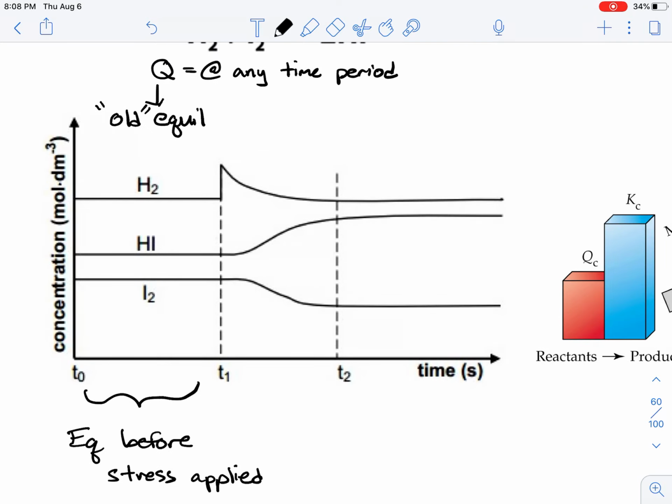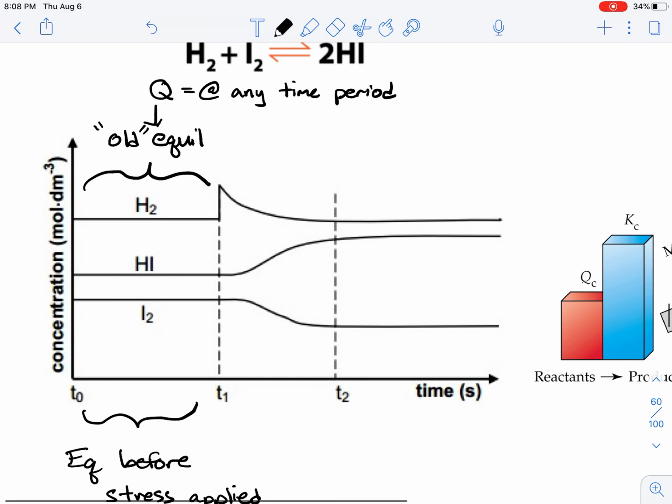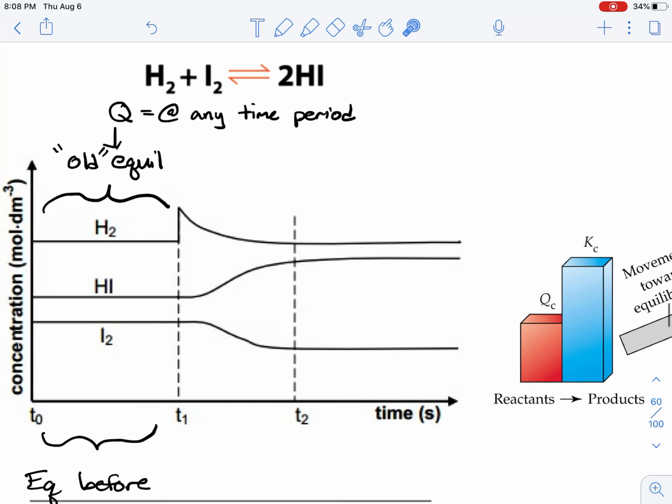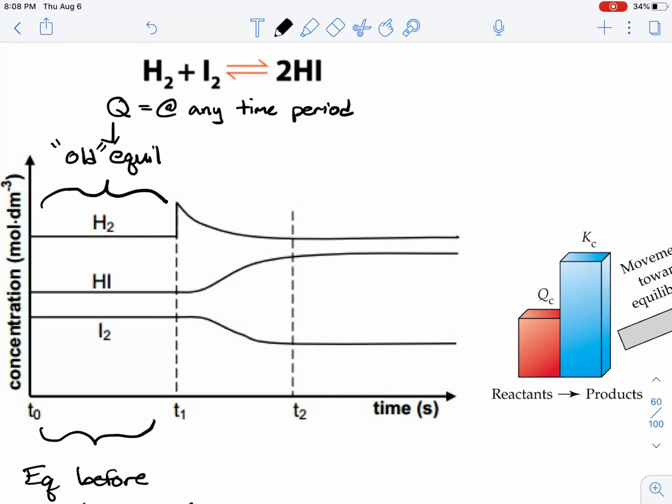All of this is going to represent Q, and we're going to see how changes in Q will lead into K. And so K, the equilibrium constant K, for Le Chatelier's principle, is going to represent the new equilibrium constant.